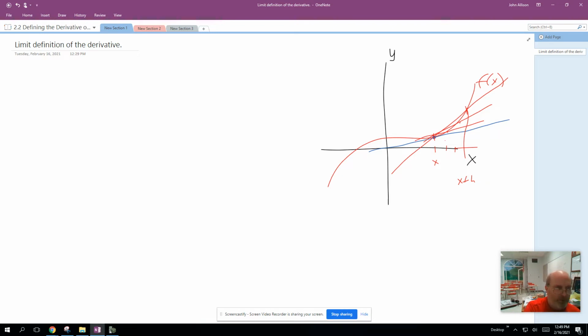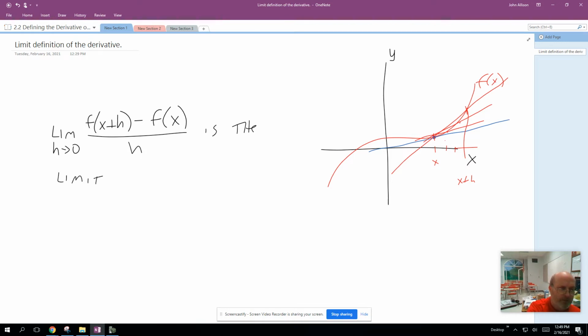And that's what leads us to what we call the limit definition of the derivative. The limit definition for the derivative of f of x is the limit as h goes to 0 of f of x plus h minus f of x, all over h.